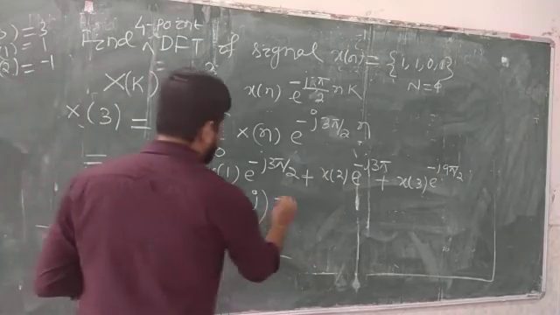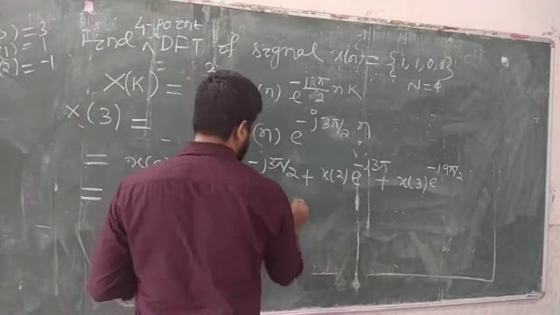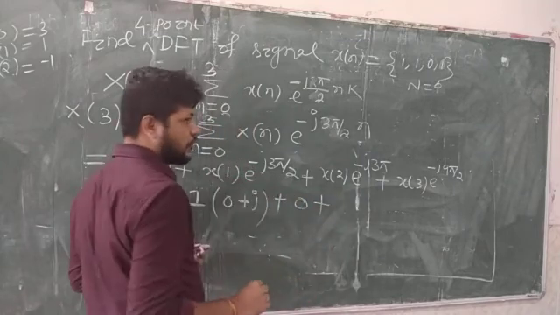Then x of 2 value is 0, so no need to calculate that, so whole product will be 0.